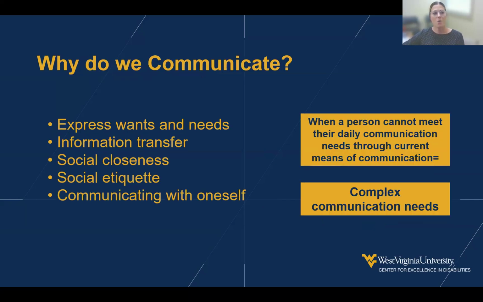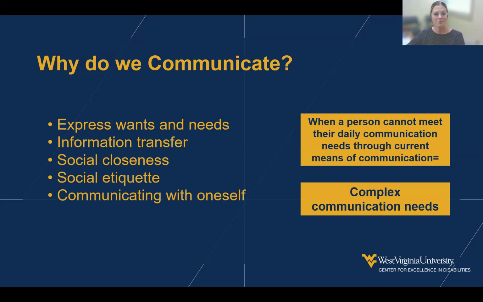So let's talk a little bit about why we communicate, because that's going to really guide us in talking about some tips and tricks that you can use with AAC at home, as well as our communication partner expectations. We communicate for a variety of reasons, and some of them are on the screen. This is by no means a large and extensive list, but generally we want to express our wants and our needs.